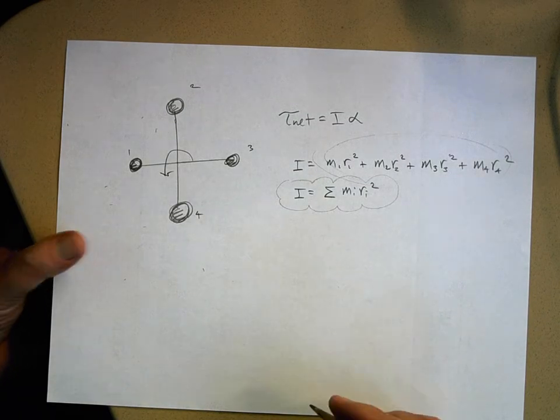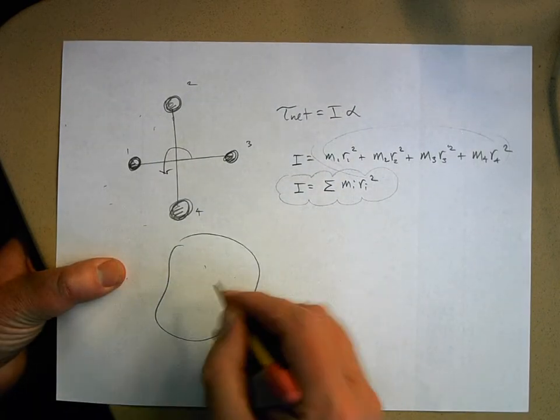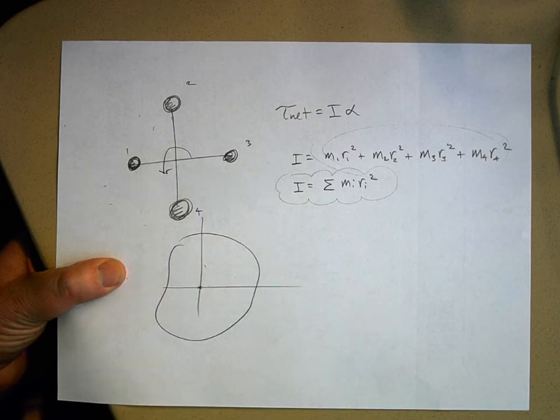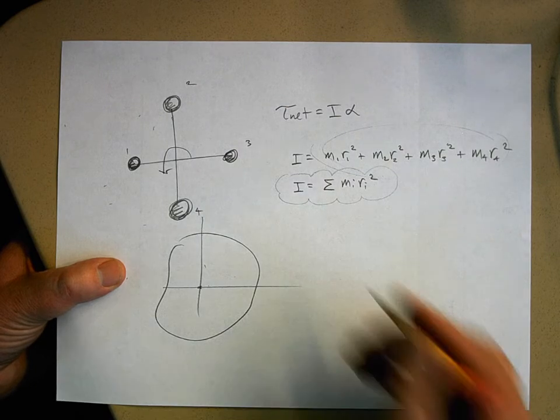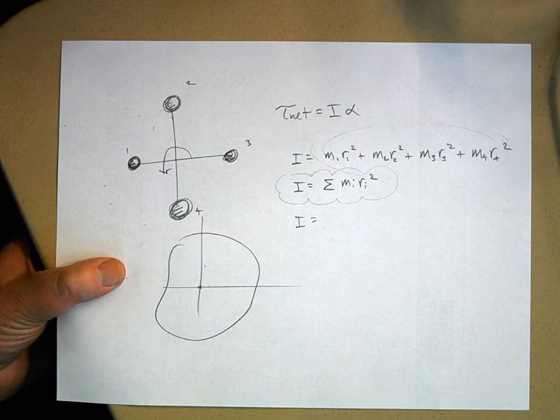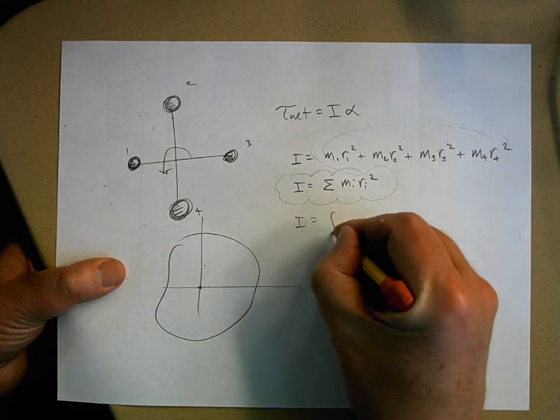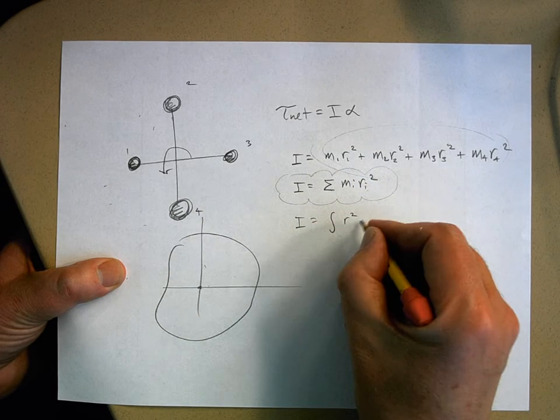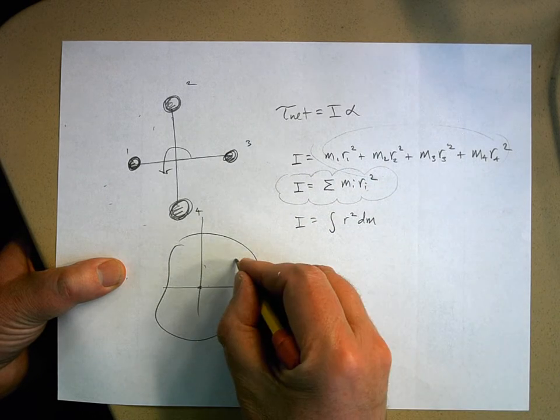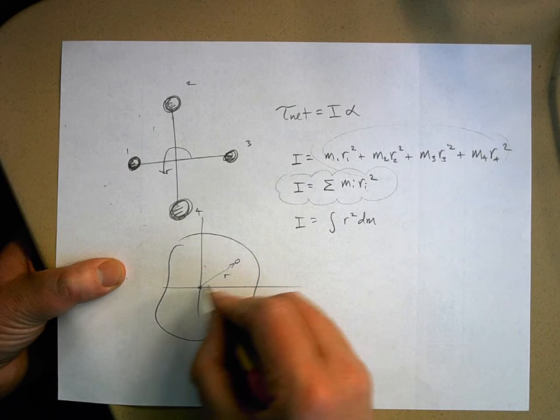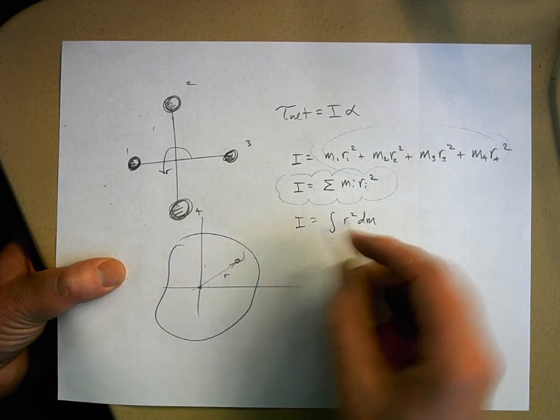Now, what if I had an extended object? And I wanted to know, what is the rotational inertia about here? You don't even need to write this down. But whenever you see a summation like this, you can use calculus to say it's r squared times a tiny chunk of mass, dm. Here's a tiny chunk of mass, here's its r. You take that r squared times a tiny chunk of mass, and then you sum them all up.